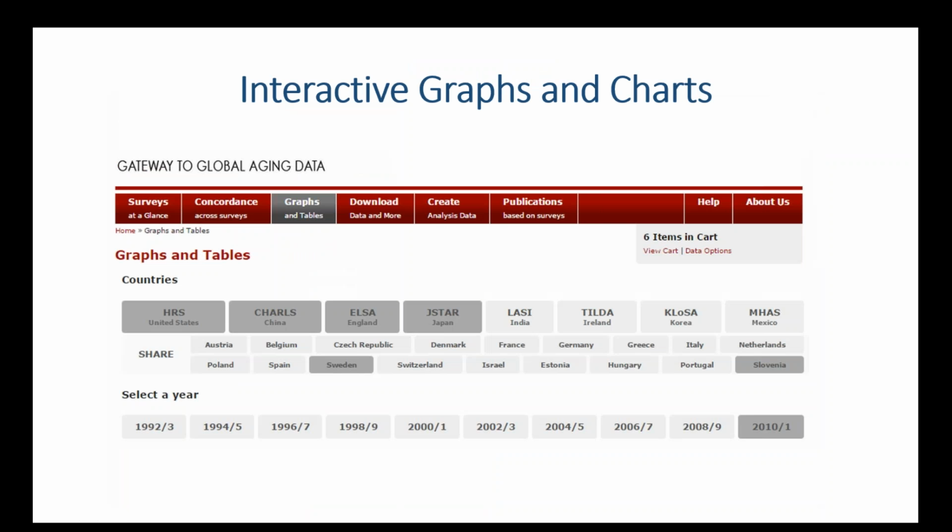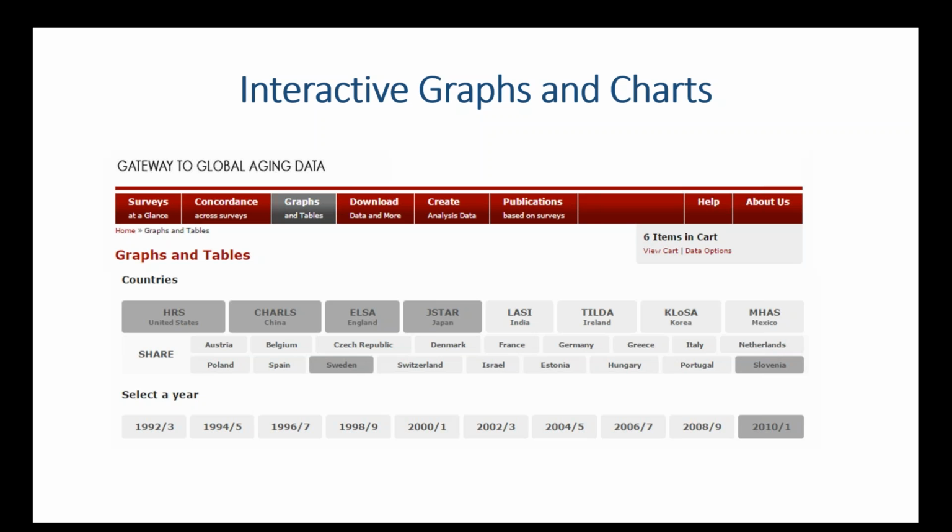So we've also built interactive graphs and charts. And these graphs and charts are really helpful if you don't have access to the data yet, but you still want to play around. We'll talk about how to access that data a little later.